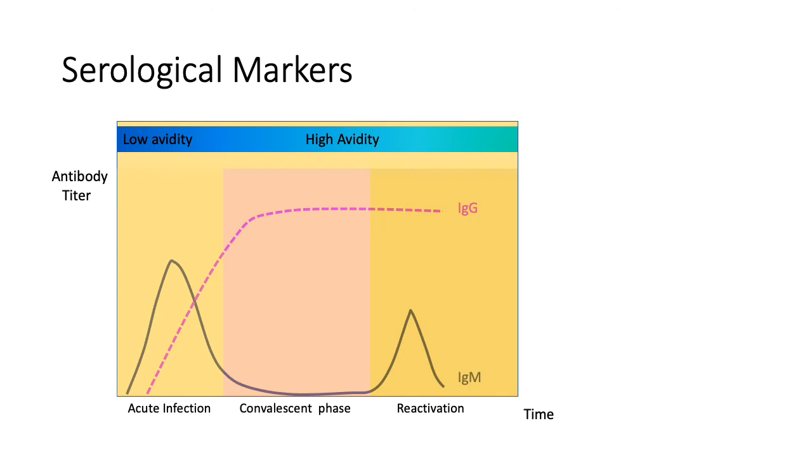Detection of IgM anti-CMV indicates active infection, but cannot distinguish between a primary infection and reactivation of a latent infection, as IgM is present in both. Demonstration of an increasing titer of CMV-specific IgG suggests, but does not confirm, an active infection, either a recent infection or reactivation of a latent infection.